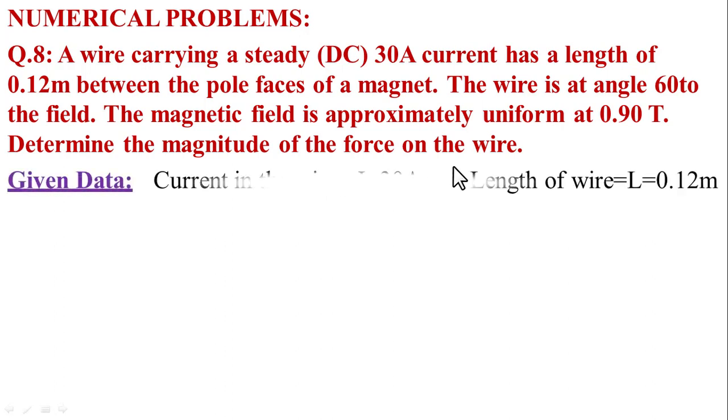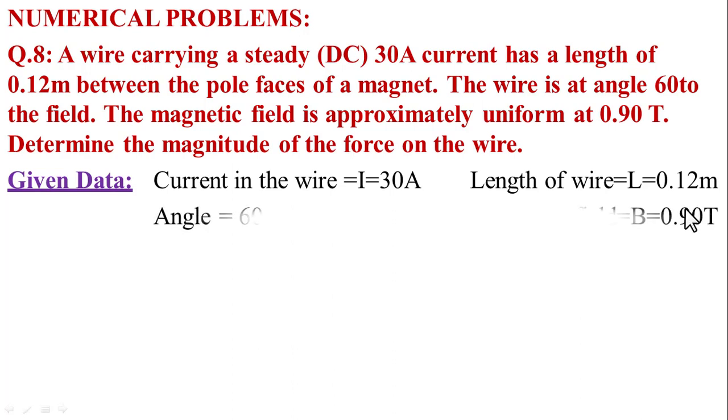Now, according to the statement, the given data: current in the wire I is equal to 30 ampere, length of wire L is equal to 0.12 meter, angle theta is equal to 60 degree, and magnetic field B is equal to 0.90 Tesla.